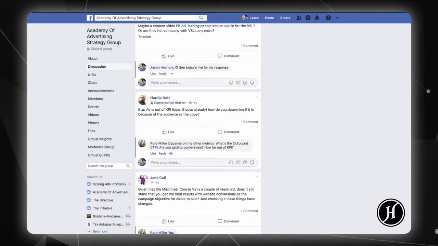We'd have to look at how many other audiences that copy worked with. How long was it working before it stopped working for the 5 days? Is it still working across other audiences? There's a variety of different pieces of information that need to be looked at in order to make that determination. That's really where the art part and the hard part comes from.